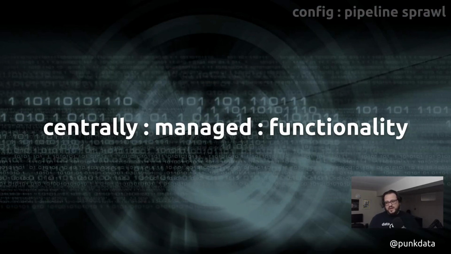So with encapsulation and portability and making things more modular, more portable, you're also creating centrally managed functionality. So not only will you reduce the amount of code across your pipelines and in your configuration files, you're also giving yourself the ability to do a one-stop shop management of that code.